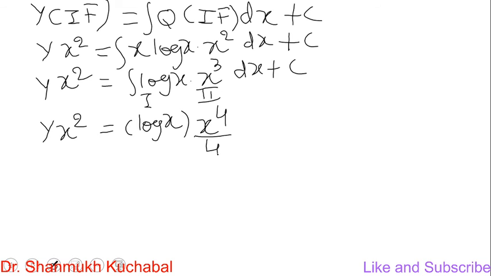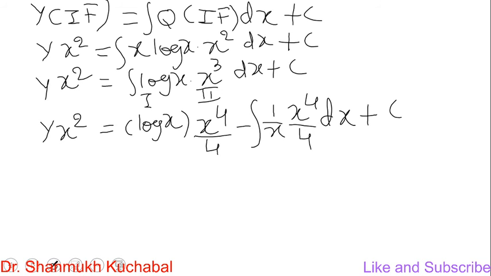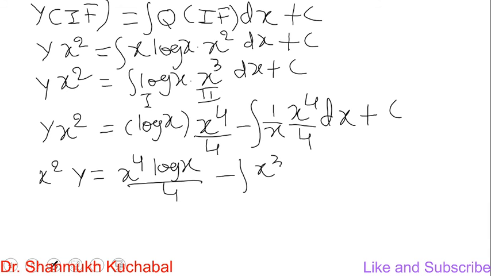Further minus the integral of the differentiation of the first function log x, which is 1 by x, times the integration of the second function x cube, which is x raised to 4 by 4, dx, with constant of integration c. So we simplify this: x square y equals x raised to 4 log x divided by 4 minus x raised to 3 divided by 4 dx plus c. So one x cancels.